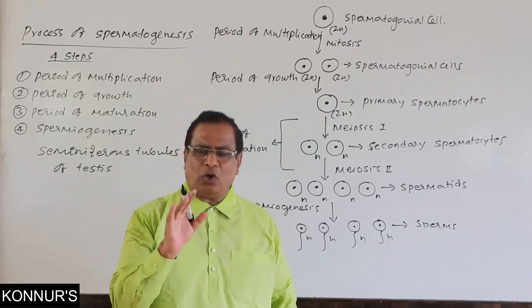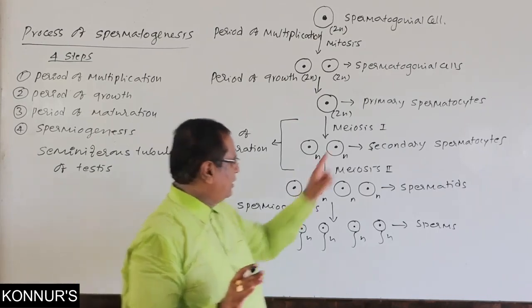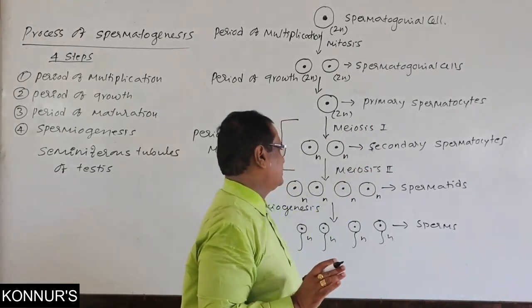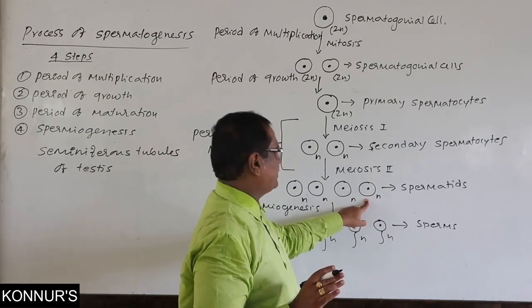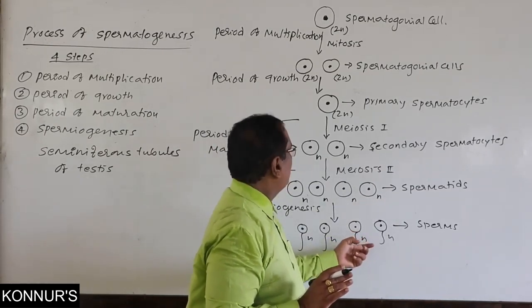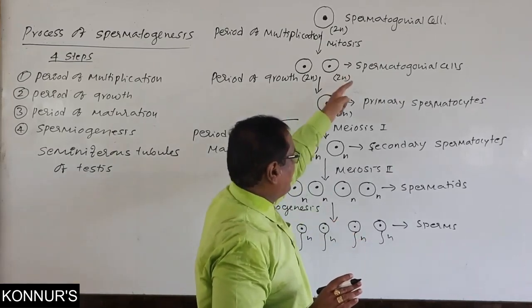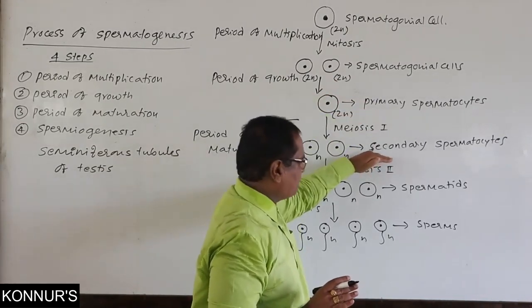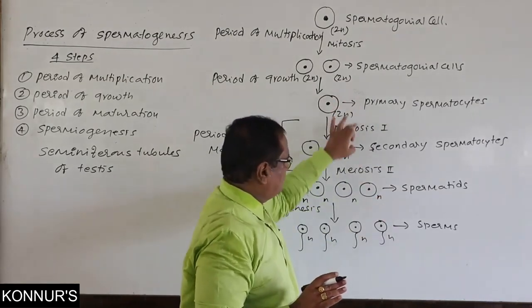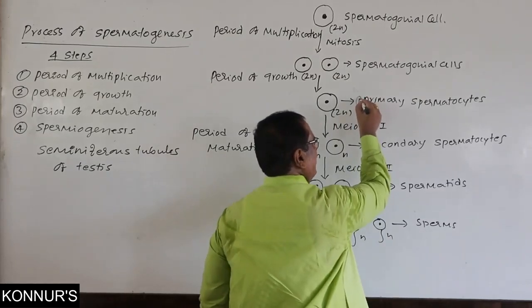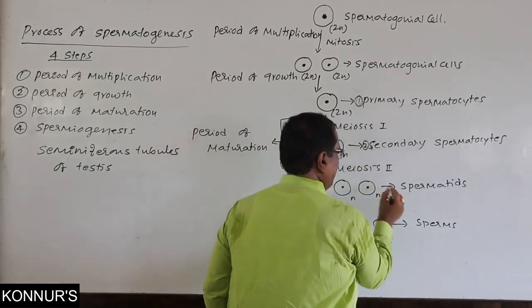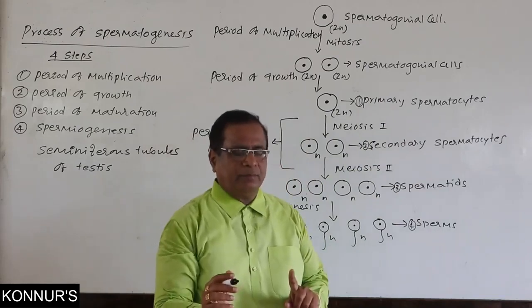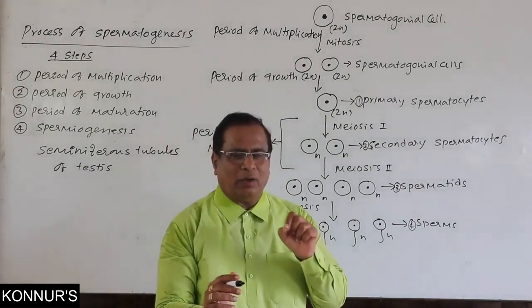They had given spermatogonial cells, primary spermatocytes, secondary spermatocytes, spermatids and sperms as answers.